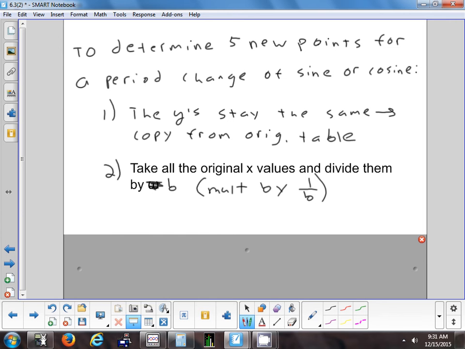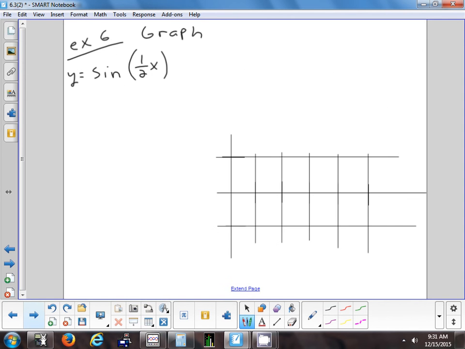So take all the original X values and divide by B. When B isn't a fraction, that's how I generally do it. But when B is a fraction, we might want to think of it as multiplying by the reciprocal.